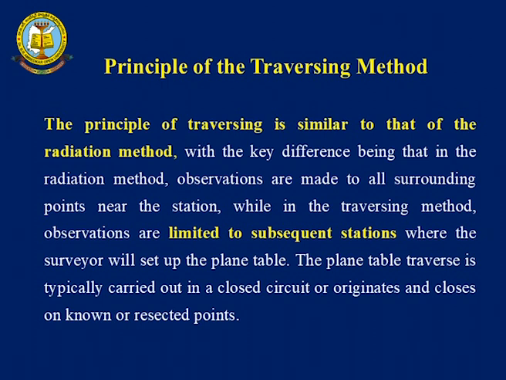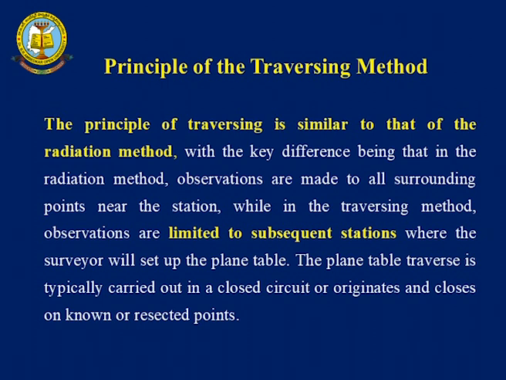The principle of the traversing method is similar to that of the radiation method, but the key difference is that in the radiation method the observations are made to all surrounding points near the station, while in the traversing method the observations are limited to subsequent stations where the surveyor sets up the plane table.